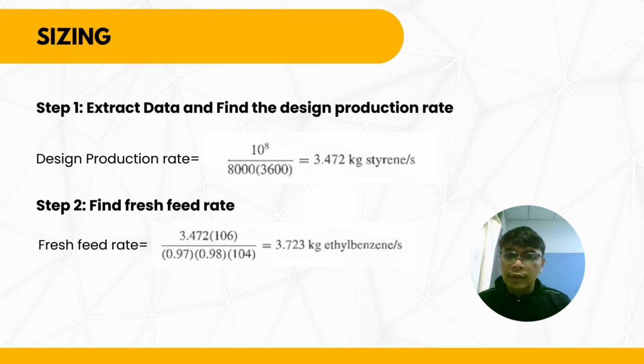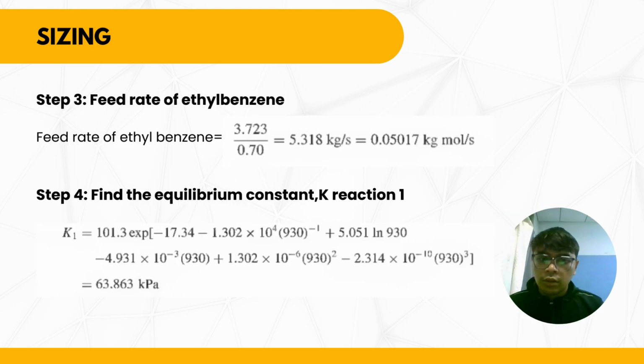From that value, we can find the fresh feed rate, considering 97% selectivity of styrene, and we got 3.723 kg ethyl benzene per second. From the value at step 2, we can find the feed rate of ethyl benzene at step 3, knowing that 70% conversion per pass through the reactor, and we got the value 0.05017 kg mole per second.